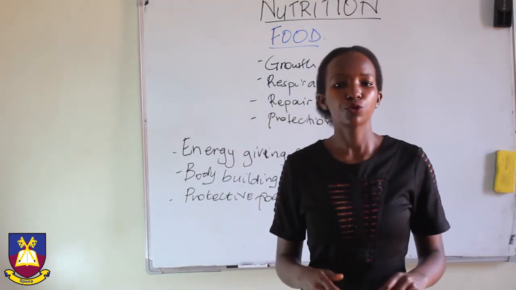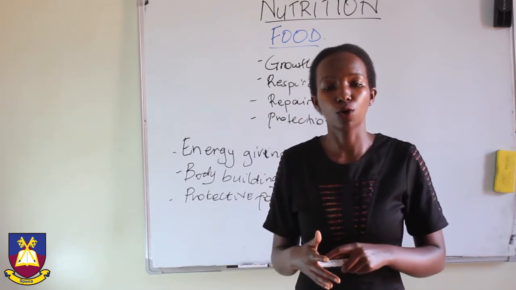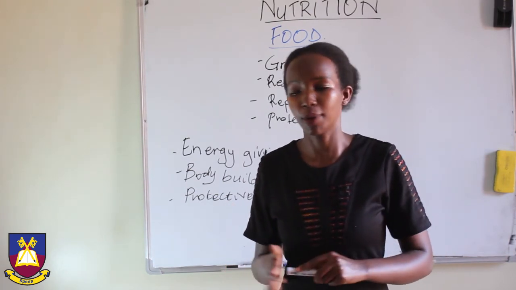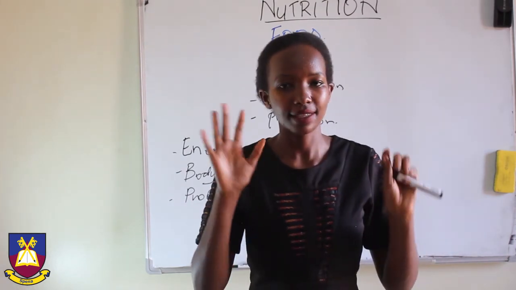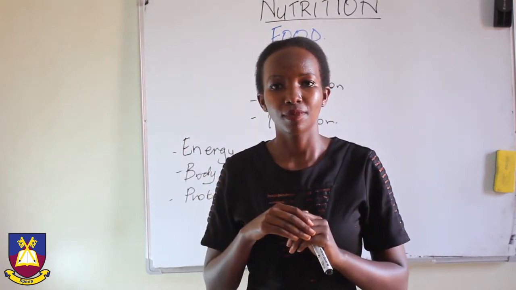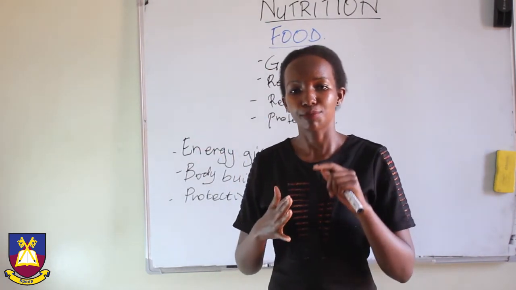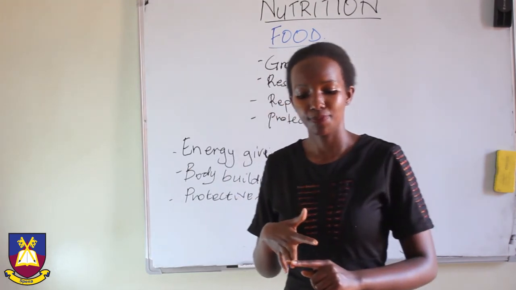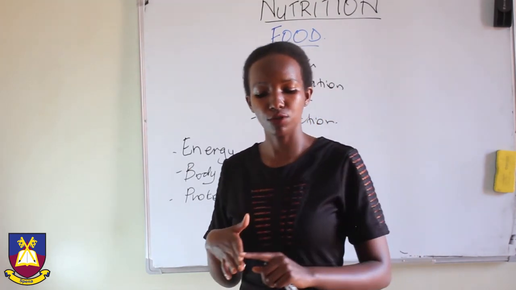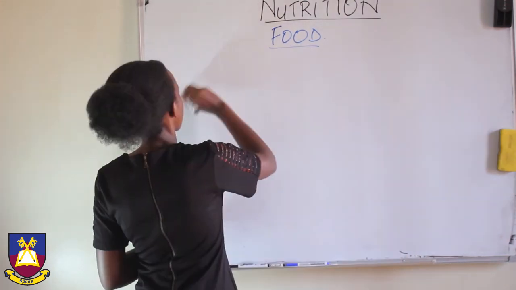Now, we're going to go to the food types, okay? Or the ones we call the nutrient compounds. Now, nutrient compounds are 6. First being carbohydrates, then proteins, then vitamins, then mineral salts, roughages and water, and lipids.